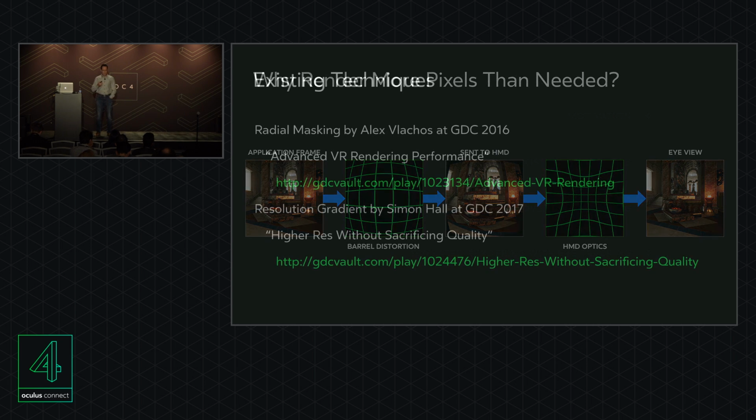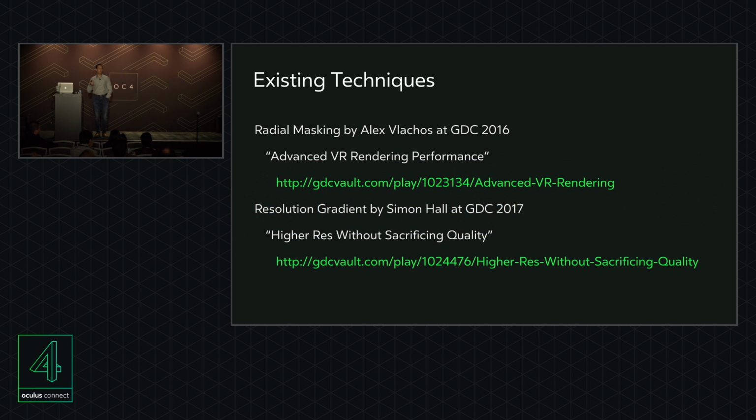There are many techniques that have been discussed. In particular, there are a couple that are similar in spirit in terms of pixel reduction that I would like to highlight. But there are many more that focus on lens matching or fixed foveated rendering that have been covered by our competitors, by many other parties involved. Two in particular rely on stencil rejection.